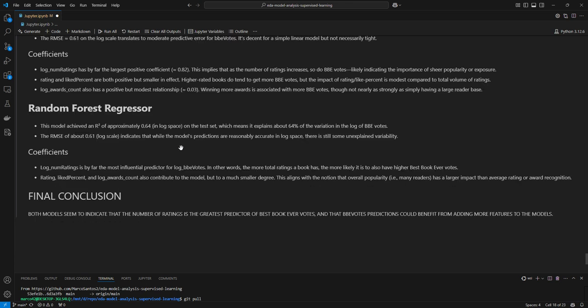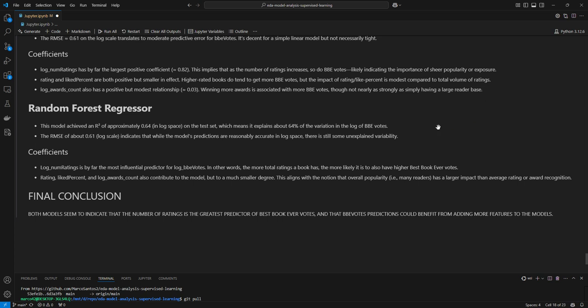All right, so the random forest regressor, we're going to see here. It achieved an R square of 0.64 on the test set, which means it explains about 64% of the variation in the log of BBE votes. And the root mean square error was 0.61, which indicates that while the model predictions are reasonably accurate in log space, there's still some unexplained variability, right?